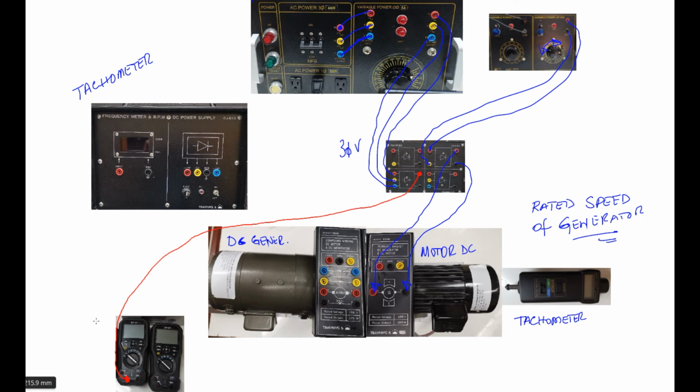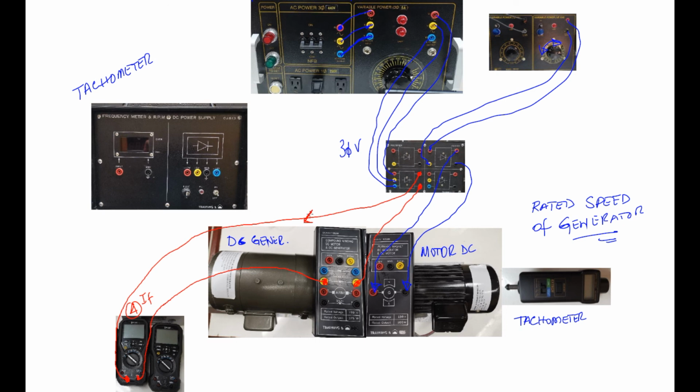So this is our ammeter. This will indicate IF, and the COM here will be going toward our field winding. Now the field winding, the other side, will be going back to our minus supply, minus DC.